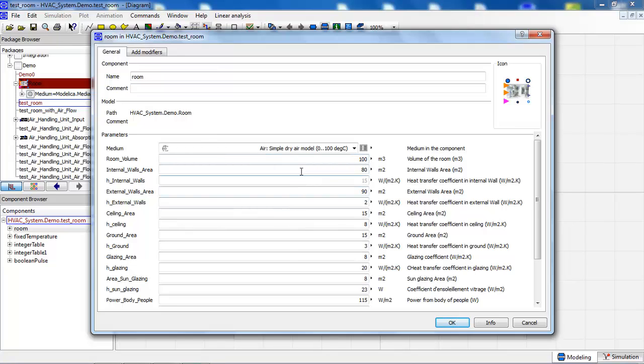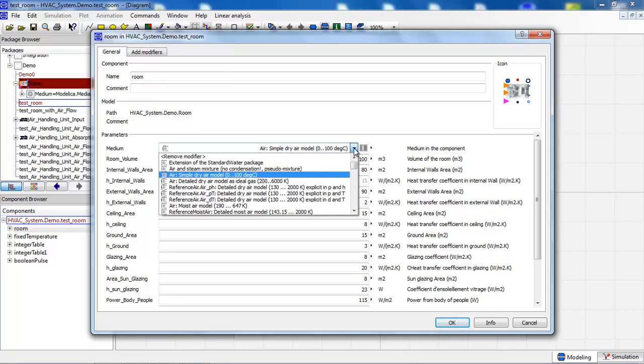Here I have several parameters from my room, and I can also choose the medium that I want to use. It means the thermodynamic table of the medium inside my room. So for me, it will be air with a simple dry air model.